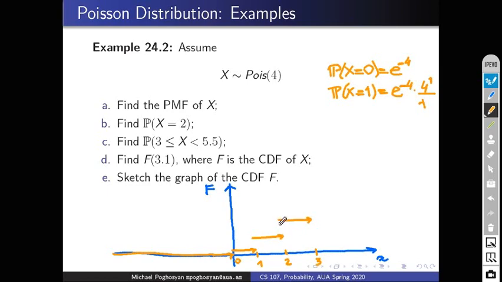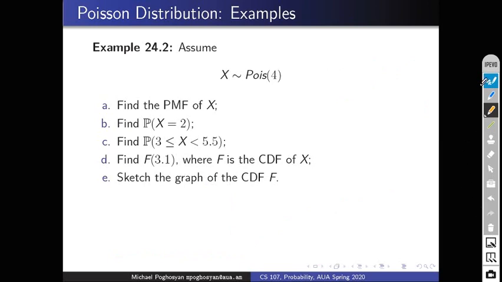And this jump size is the probability that x is taking the value 2, etc. So we will have something like this, up to 4, then up to 5, then up to 6, etc. And this will converge, in fact, to 1 when x goes to plus infinity. So we will have this kind of steps converging at plus infinity to 1.